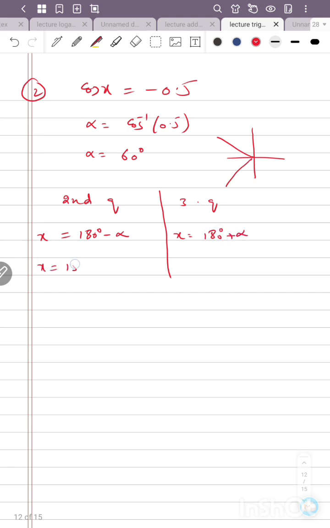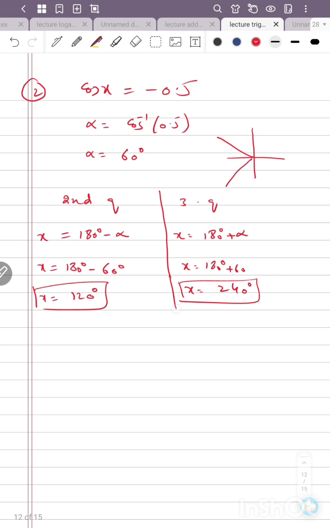Here 180 plus 60 degrees, we got x equal to 240, and 180 minus 60, we get the answer 120. We got these two answers.